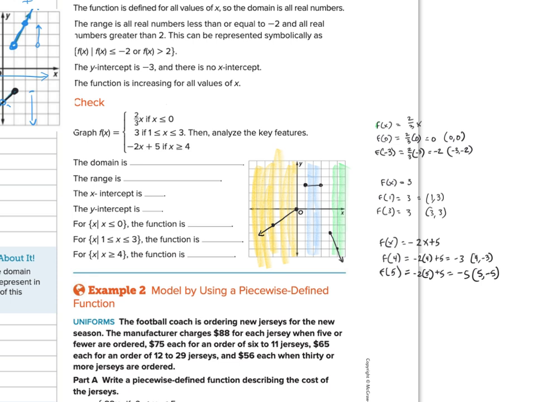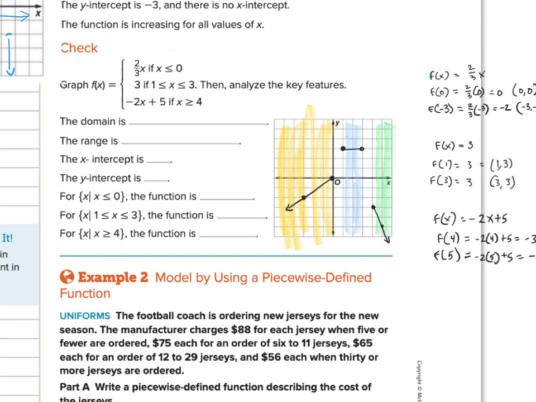So the domain of this function, depending on what is my domain? Well, it looks like I have from -infinity up to and including 0. That's part of my domain. I also have included 1 to 3, both included, so I'm using brackets.